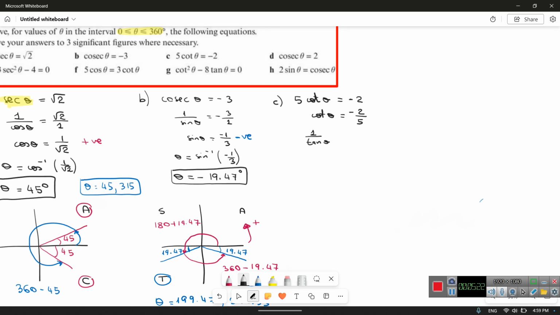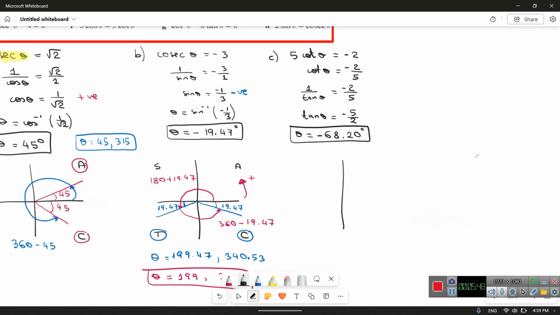Tan theta is -5/2, and I'm going again to use a calculator to work out the angle to 2 decimal places: -68.20, and this is in degrees.